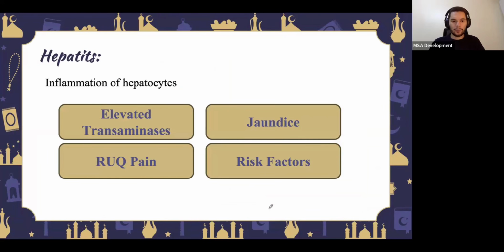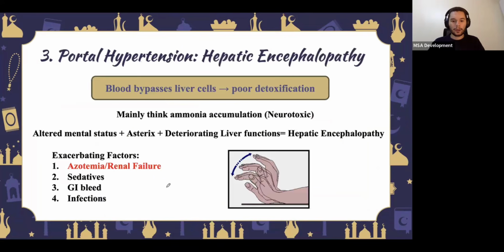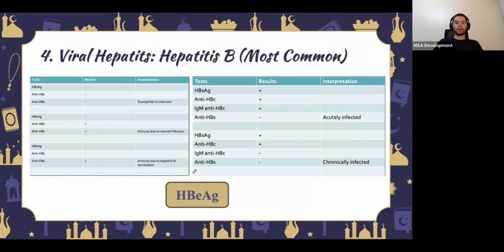So remember, if it ever comes to you, management of hepatic encephalopathy is lactulose. Okay, so you give this patient lactulose. What's the mechanism of action of lactulose? It absorbs the ammonia produced by bacteria in the intestines and allows its excretion. So this way, you're releasing the ammonia from the body. Okay? And yeah, that would be it for our discussion.